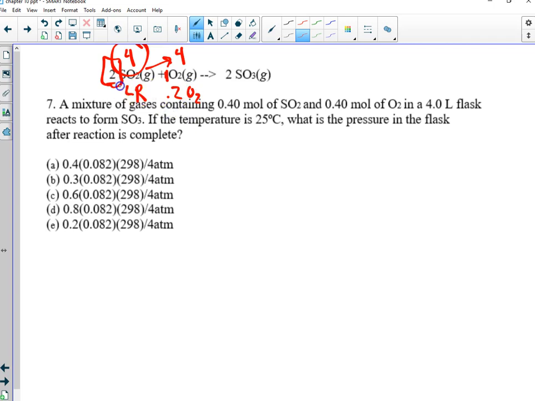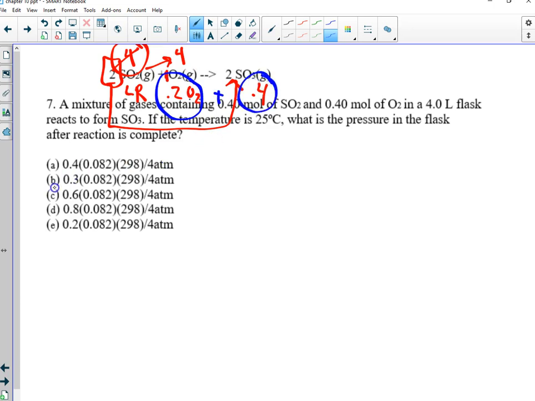A handful of you. All right, and then the nice thing is since this and this have the same coefficient, that's supposed to point to the 2, then the amount of this consumed will be equal to the amount of that created. So this went to 0, so this must go up 0.4. So the total moles left at the end are 0.2 of O2 plus 0.4 of SO3.